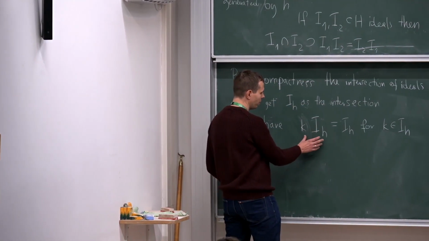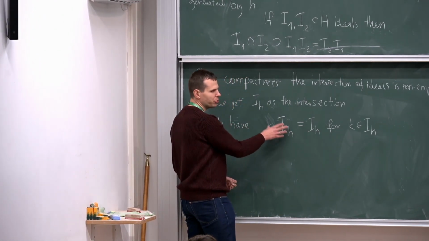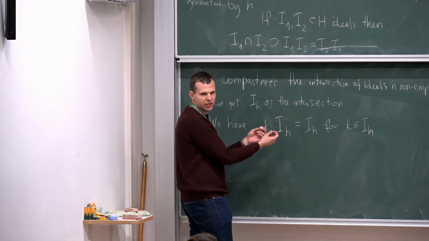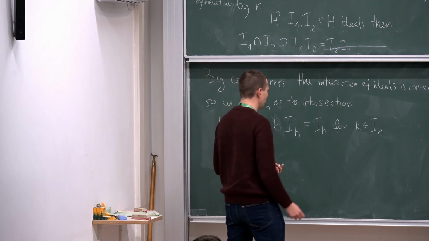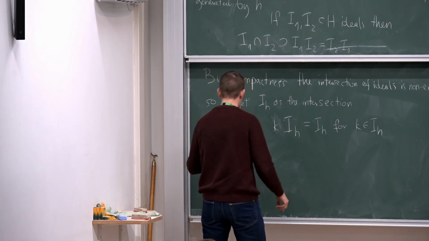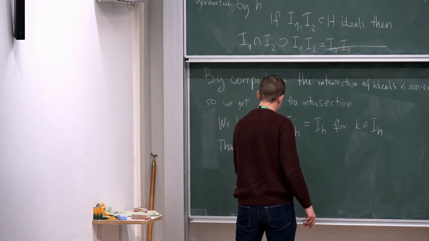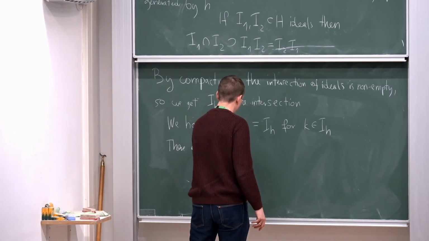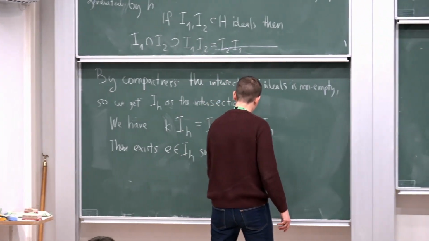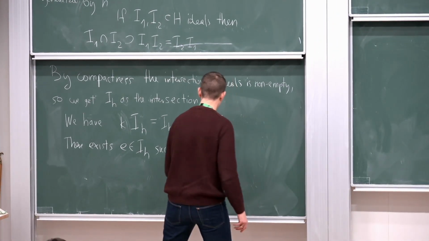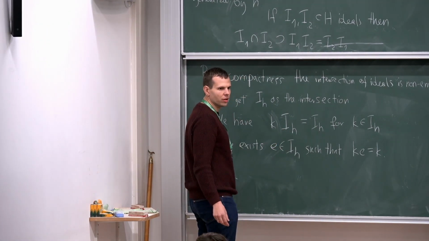One is the inclusion, the left side is smaller than the right side by the ideal property, but it cannot be strictly smaller, because IH was this intersection, and this is also an ideal, so they have to be equal. And K is inside, so it means that there exists E in IH such that K times E is equal to K. Right, because K is a product of K by something from IH.